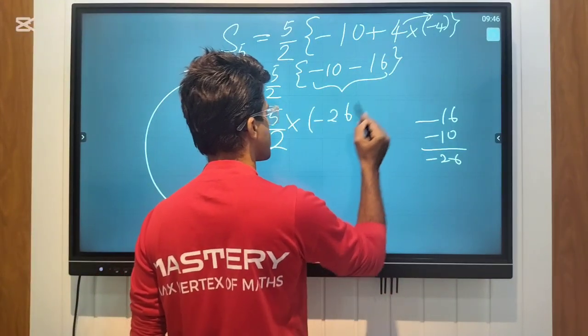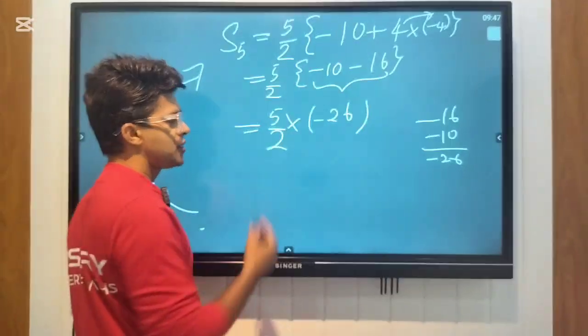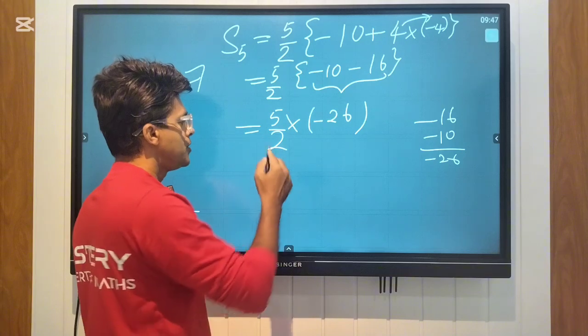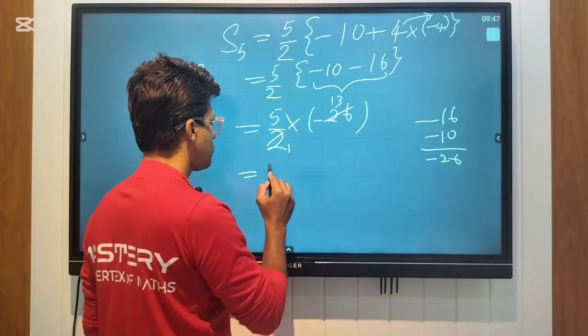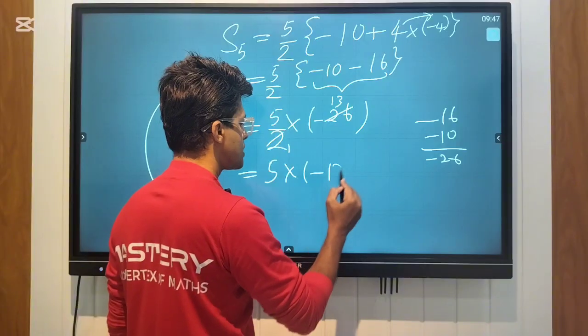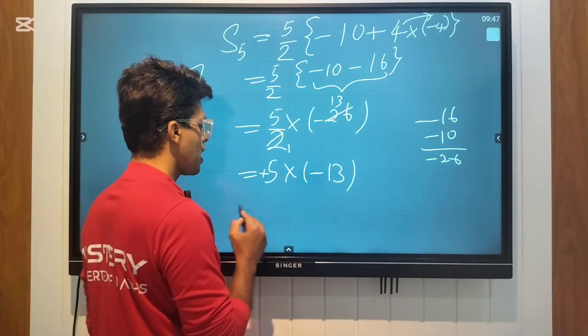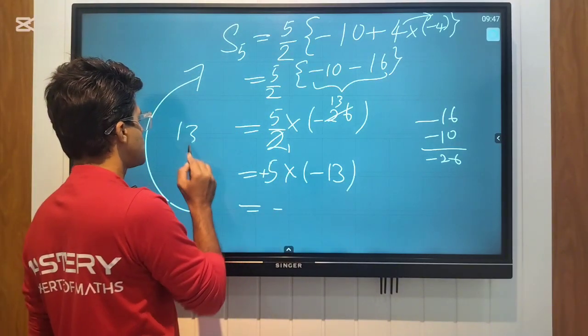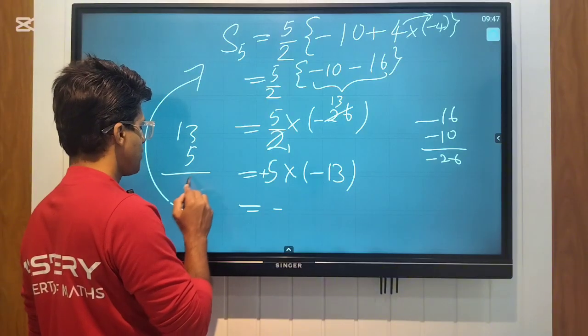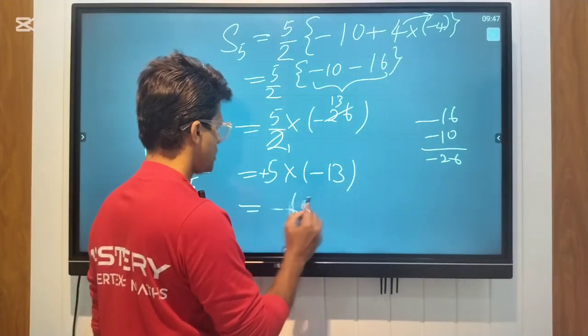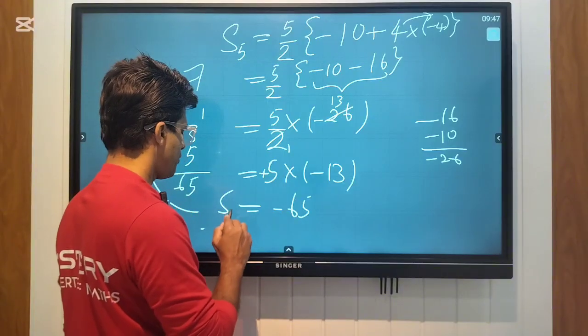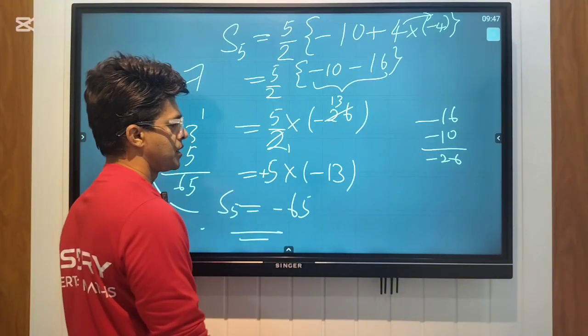Now here is a multiplication, so we could simplify 2 and 26 to get 1 and 13. So 5 times minus 13. Plus into minus is minus. 13 times 5: 5 times 3 is 15, remaining 1, 5 times 1 is 5, plus 1 is 6. So the answer is minus 65.